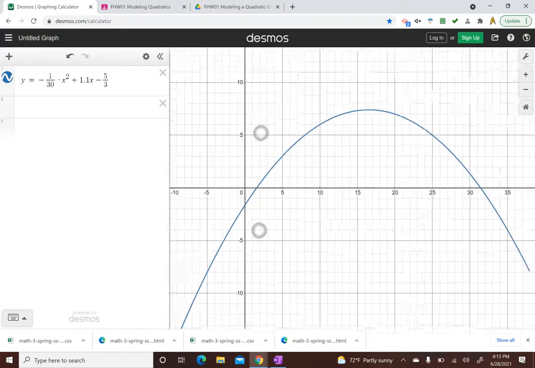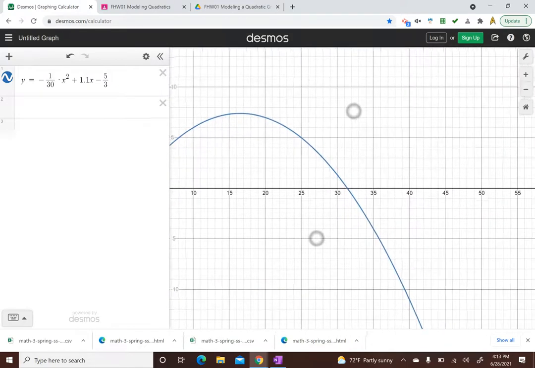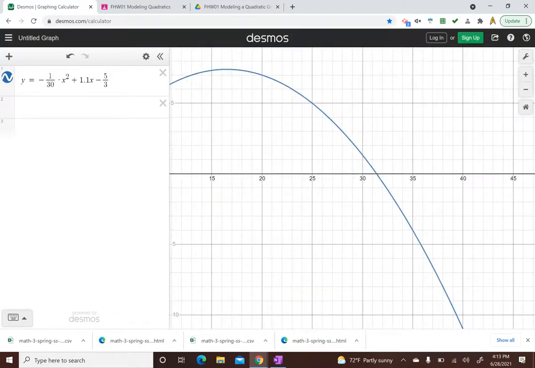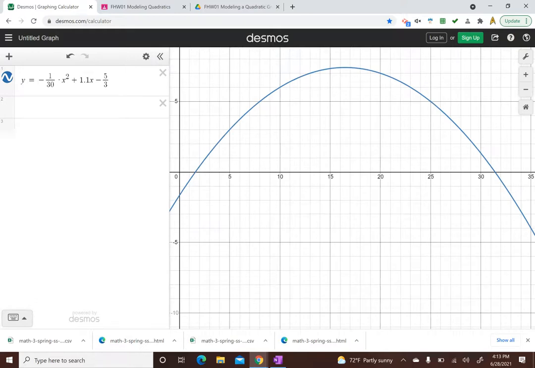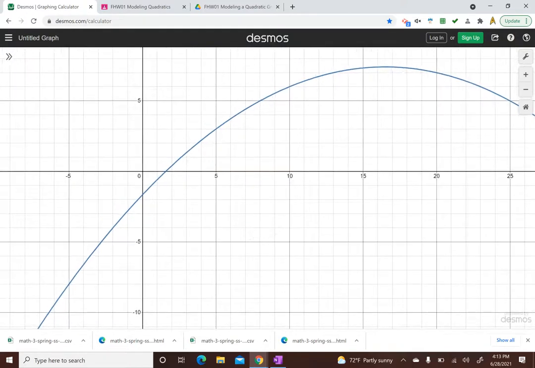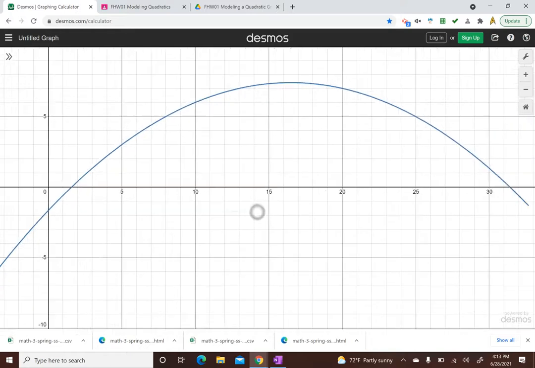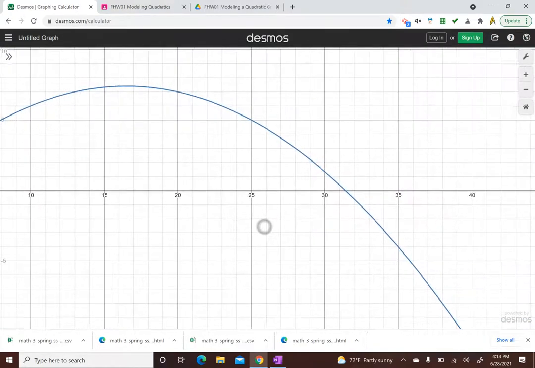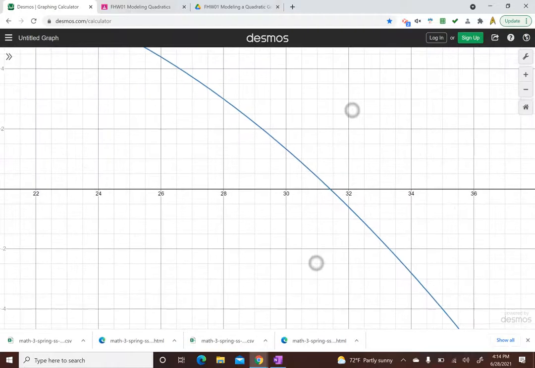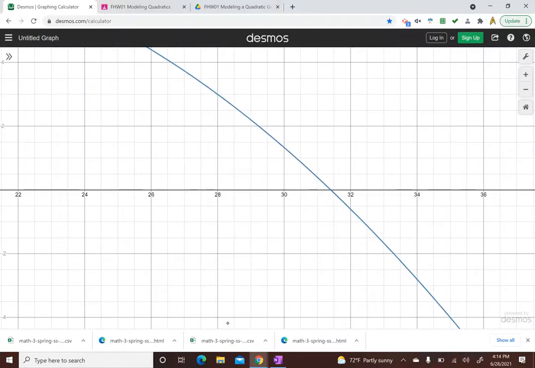So there's a root. If I zoom in on here, and by the way, that's the root that takes place before the problem begins. The other root, way out here, past 30 feet, is the one that we really care about. And when I ask Desmos, oh, what is that?